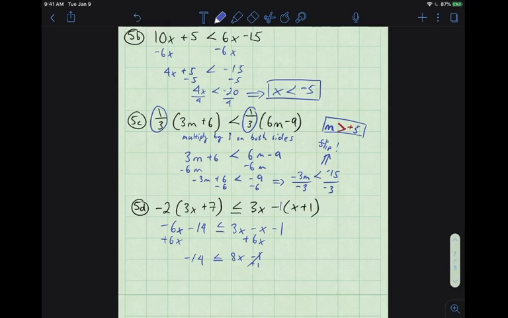Add 1 to both sides. That gives us negative 13 is less than or equal to 8x. So your final answer here is x is less than, or, oops, keep the variable on the same side. Looks like this, negative 13 over 8. Or, as you simplify it, negative 1 and 5/8.